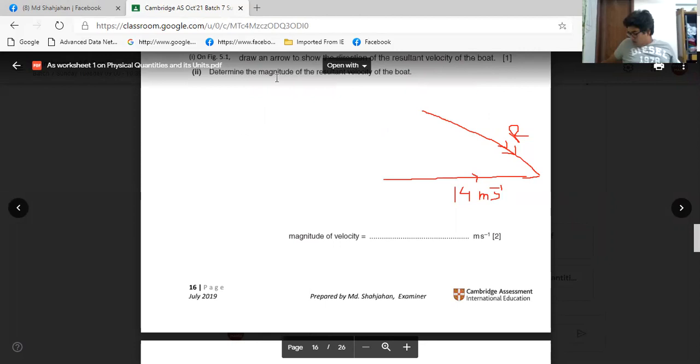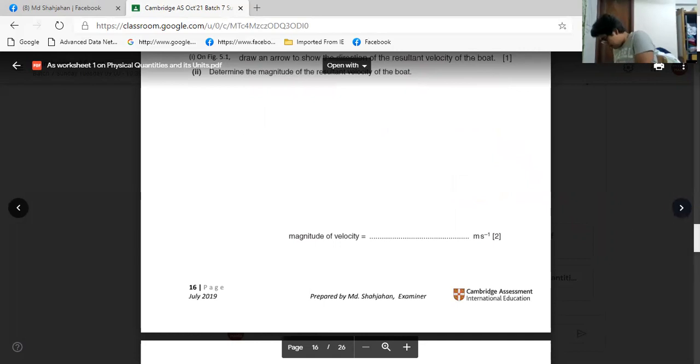Sir, first of all, not the ruler, just the protractor. I told you to buy one ruler. Yes, sir, I found the protractor. You found the protractor, then if you don't have the ruler, use your pen or any other thing to get a line like this.